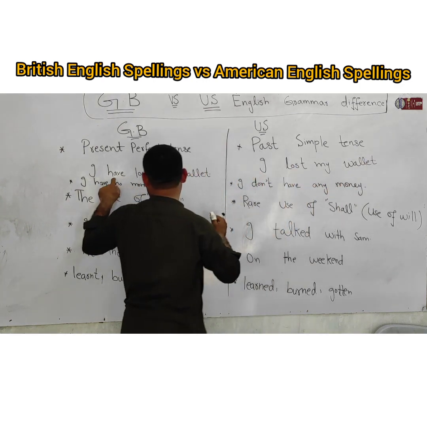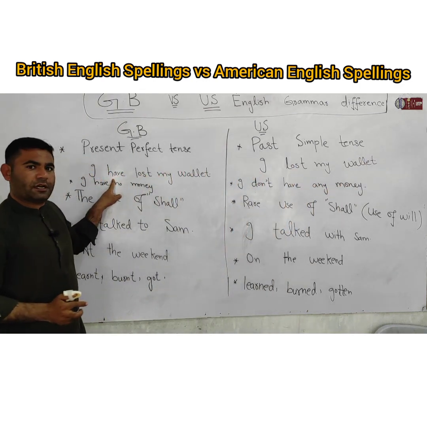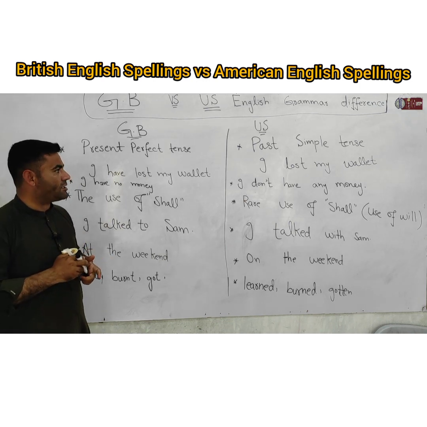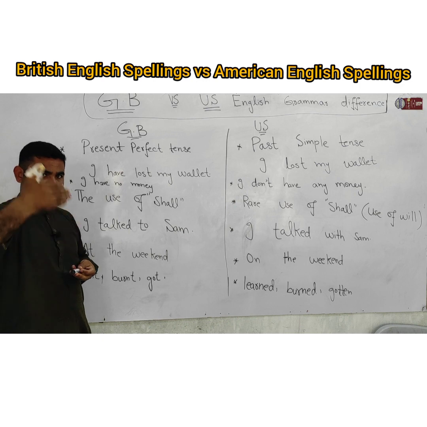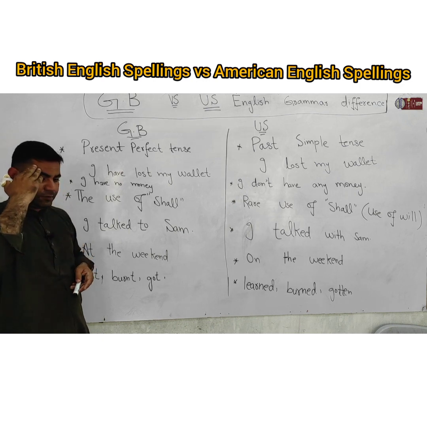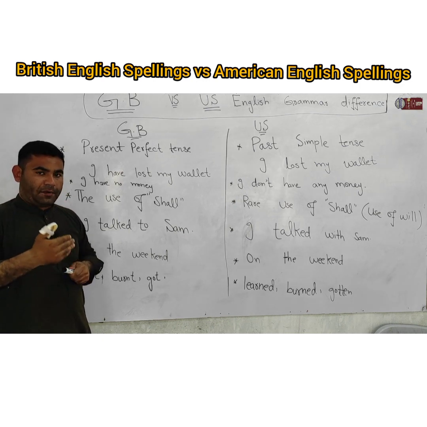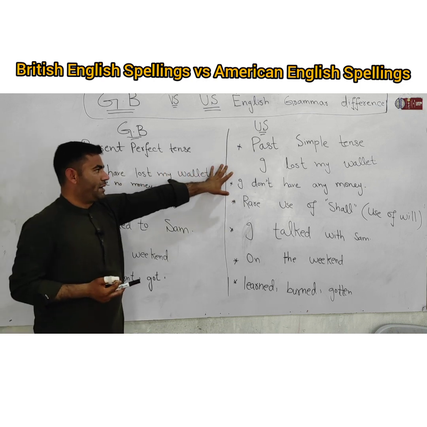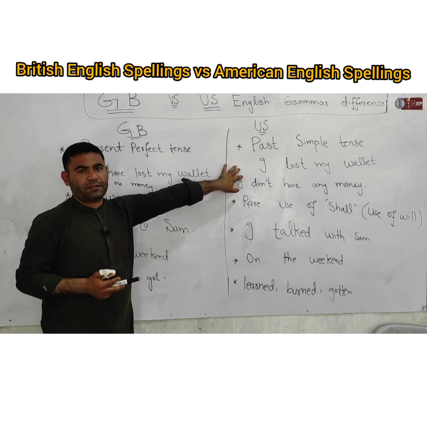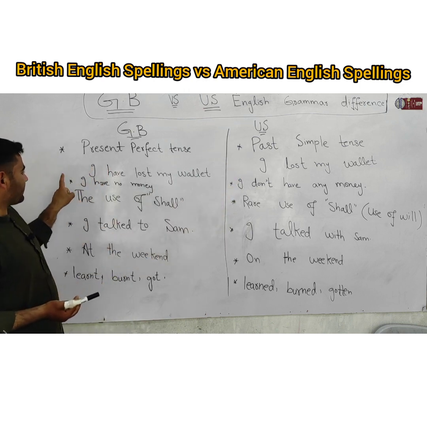So you see that the British use present perfect and Americans use past simple, but it isn't in every situation. You shouldn't think that Americans never use present perfect tense, but mostly they use past simple tense in place of it.